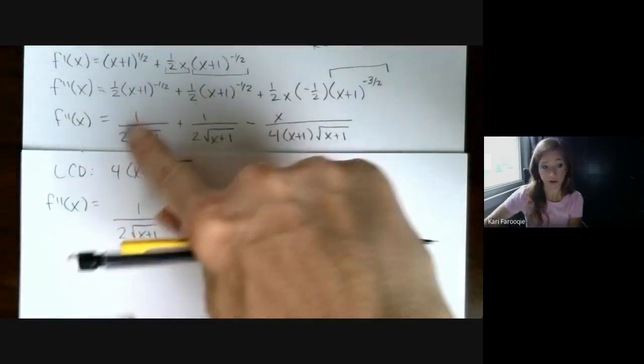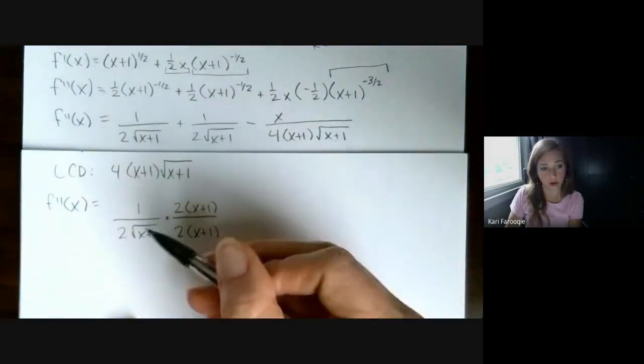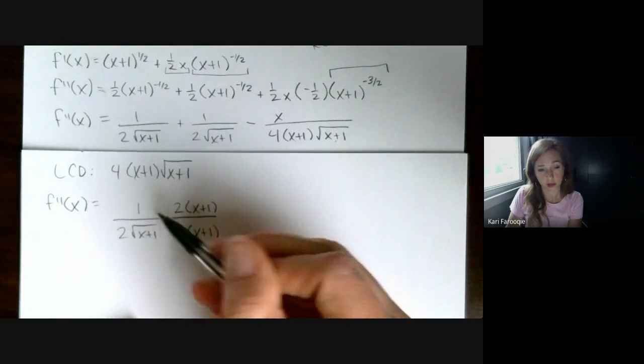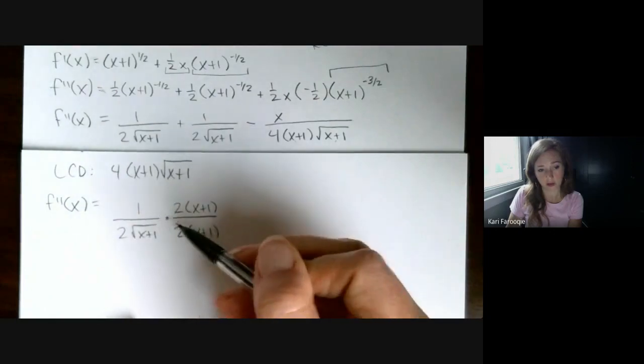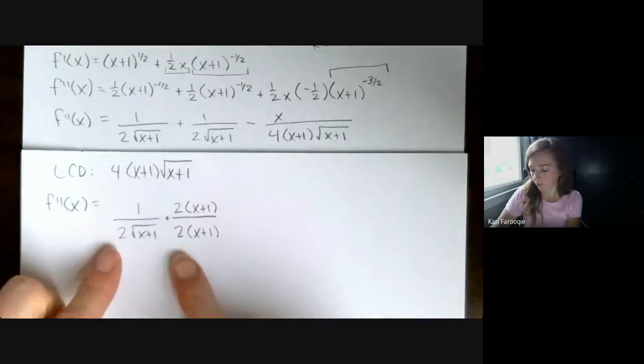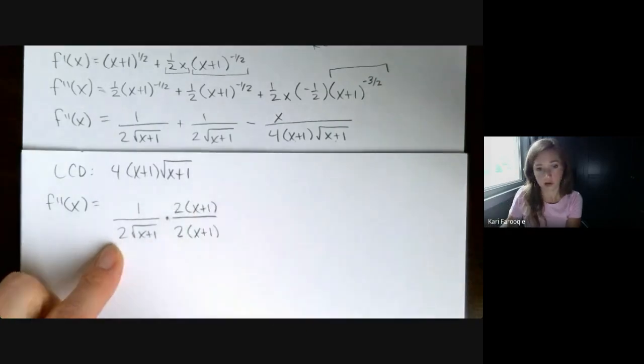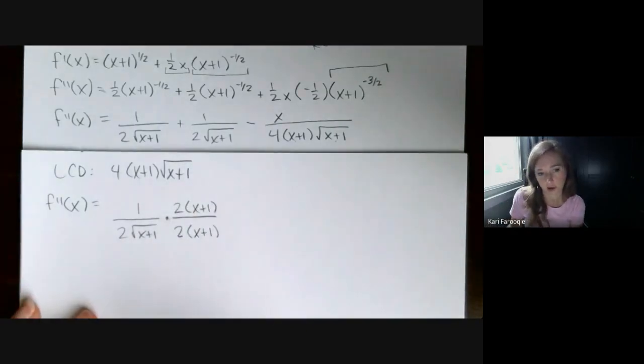So here's the original fraction, 1 over twice the square root of x plus 1. And we're multiplying it now by what we need to make the LCD. So we need it to be a 4. That's where the extra 2 comes from. And we need it to have a factor of x plus 1. What we multiply by in the numerator, we must also multiply by in the denominator.